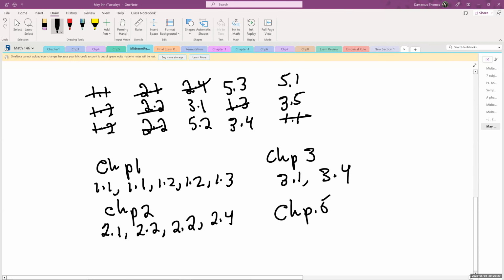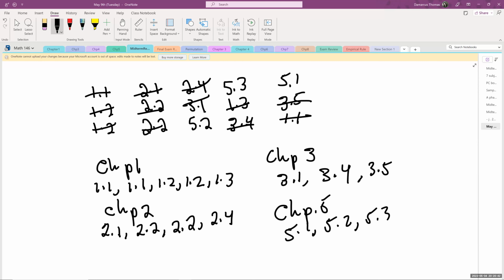Oh, there's actually another 3.5 there too. Why I missed that one. So that's 3, 6, 4, 5. Okay, perfect. So that's our total 15 questions. These are the sections that the questions are coming from.